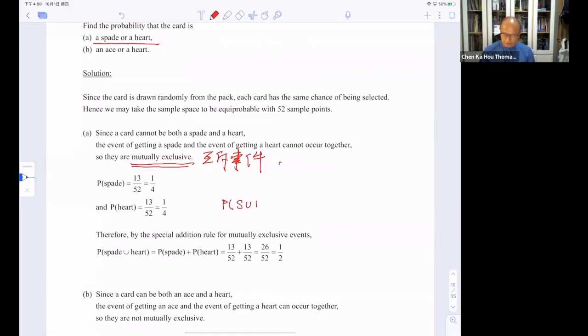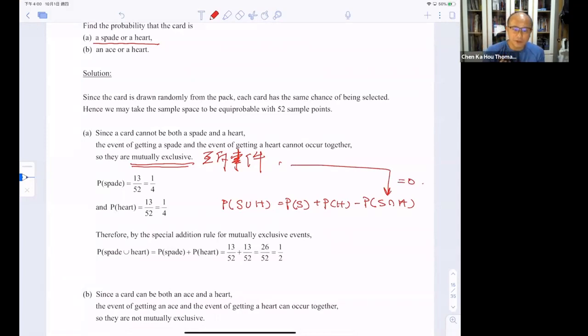P(S ∪ H) is P(S) plus P(H) minus P(S ∩ H), since it is mutually exclusive. The last term is impossible, so its value is 0. So P(spade ∪ heart) equals P(spade) plus P(heart). All right? Okay.